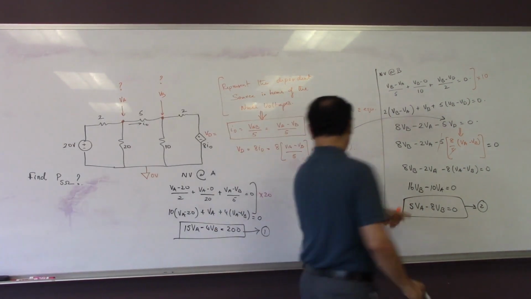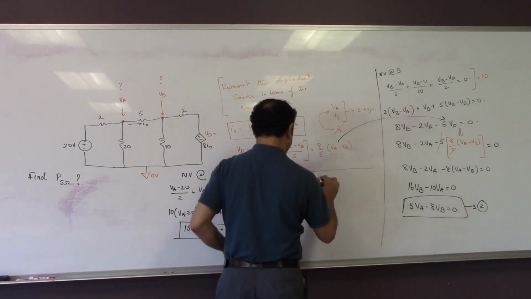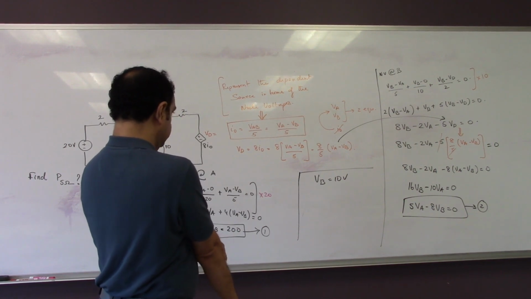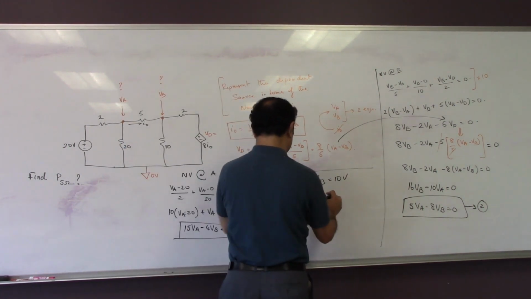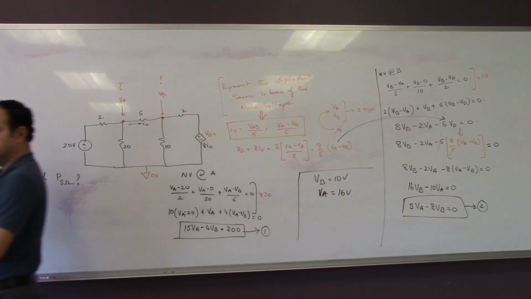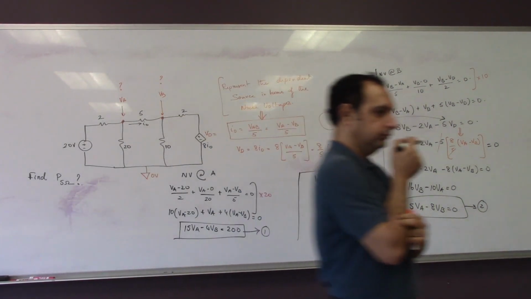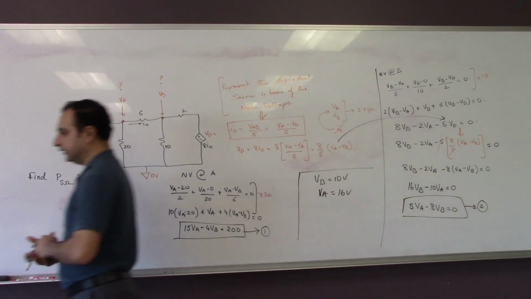Just multiply this by 3 and subtract it from equation 1, and you'll get rid of VA.